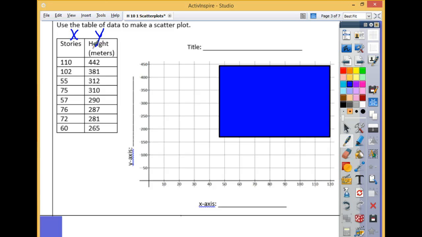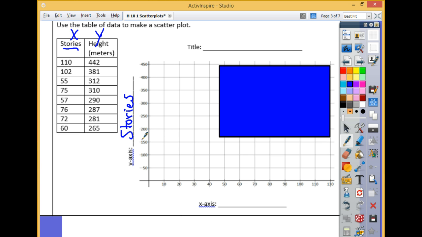Which one is my vertical axis, my x or my y? The y is my vertical axis. What do you want to label this? Give it a title label. It is stories. So this is how many stories high it is. Nope, that's how many stories, like floors, 10 floors, 20 floors, 30 floors. What do they go by on intervals here? They go by 50s.